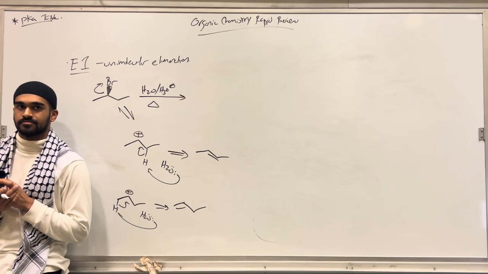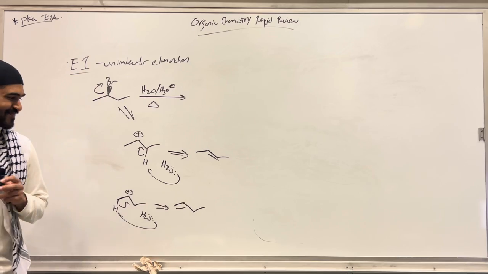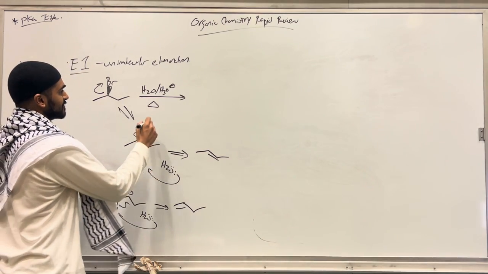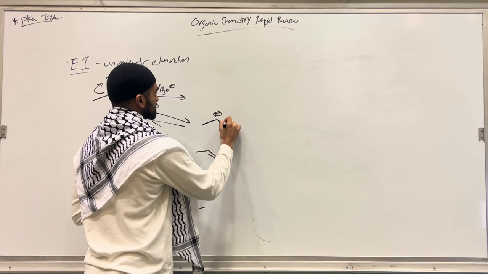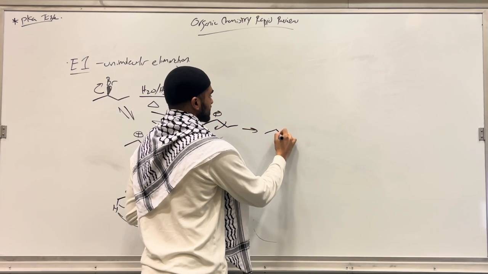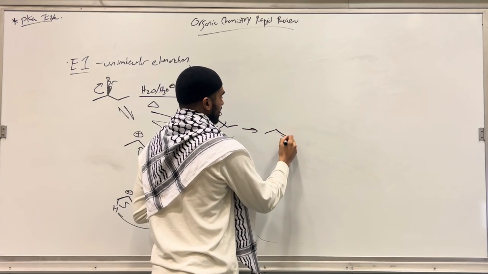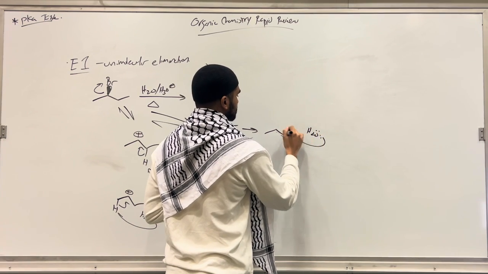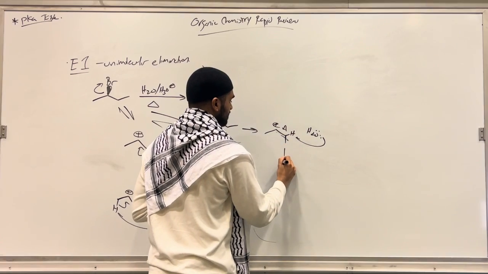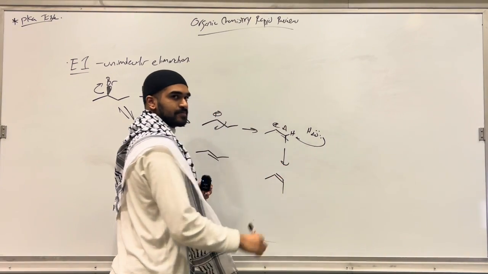About cis trans. Very good. This guy can also go from looking like this to looking like this, and you can just be so unfortunate enough to perform the elimination like that. Very good.